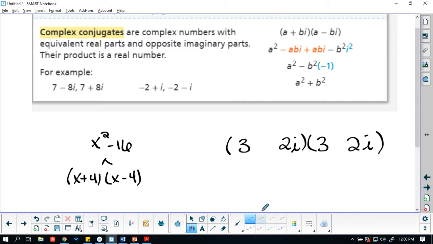The only difference between factor A and factor B is factor A is going to be a plus and factor B is going to be a minus. So complex conjugates are complex numbers with equivalent real parts, basically I have the equivalent of 3, and the opposite imaginary parts. So the opposites here are the plus and the minus.